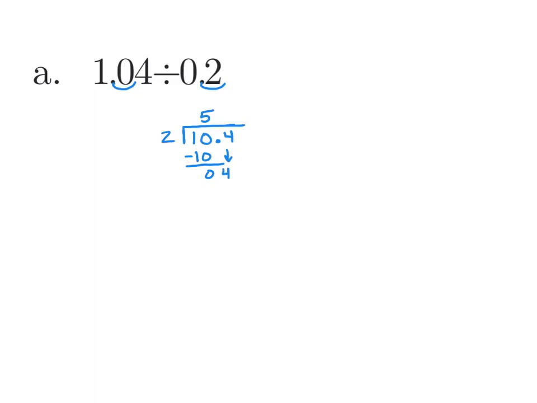We bring down the 4. 2 goes into 4 2 times. 2 times 2 is 4. Subtract, we get 0, and we are done. Finally, we want to move our decimal point up into our answer, and so our final answer is going to be 5.2.